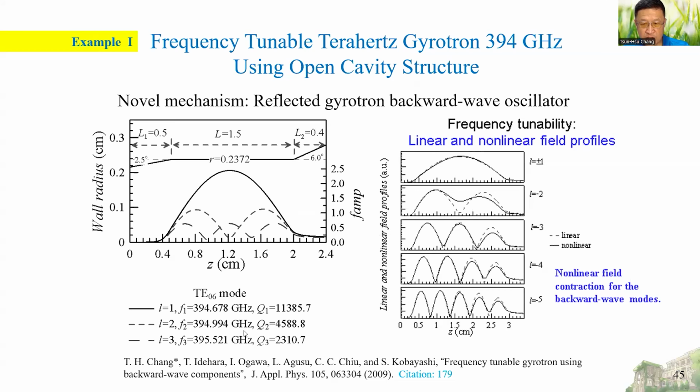Second axial mode, third axial mode. Q1 is shown here. Okay, frequency tunability, L equal 1, L equal 2. We just use the open cavity structure to calculate everything. This paper was published in the Journal of Applied Physics, on a frequency tunable gyrotron using backward wave components, with high citation.